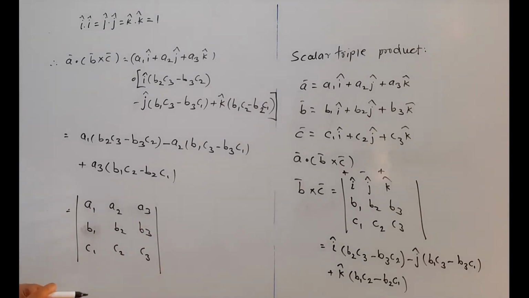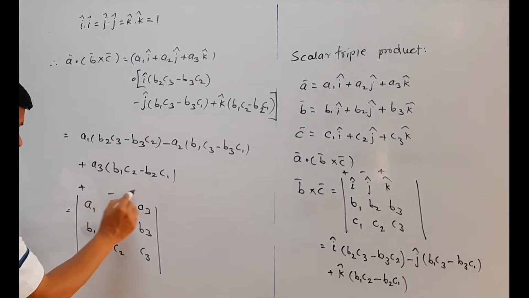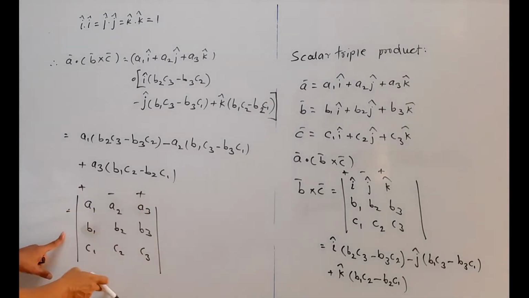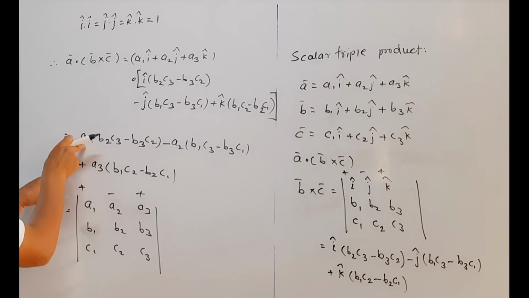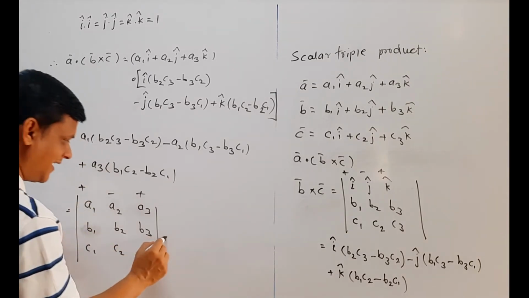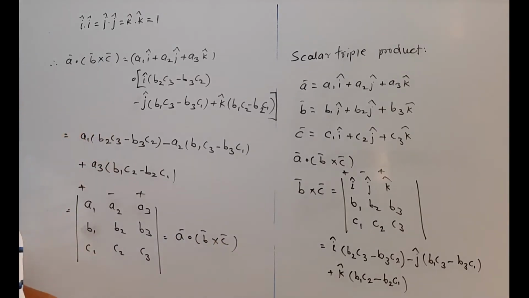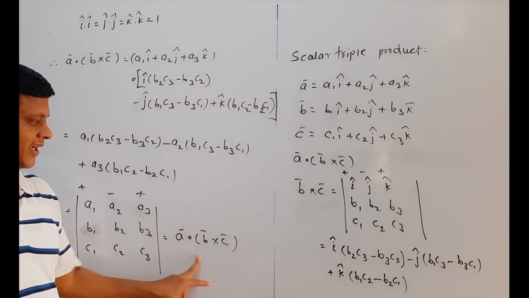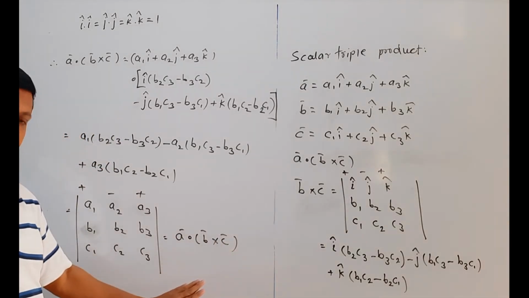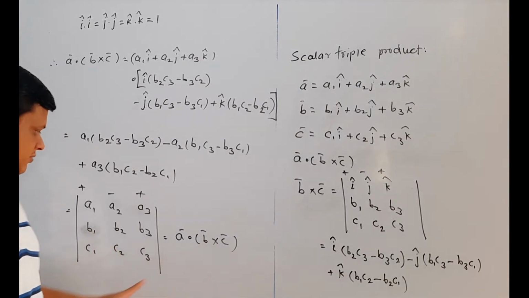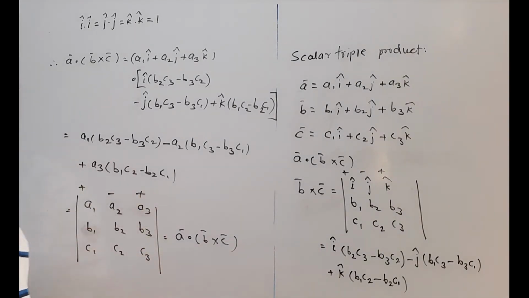If we calculate this value, we get the same value. That means we can write this in this form, or this form into determinant form. That is the value of A bar dot B bar cross C bar. That means when we have to calculate this scalar triple product, we can solve this value by using this determinant.